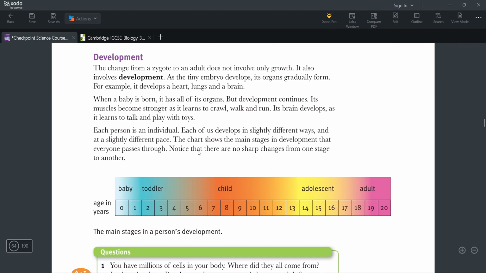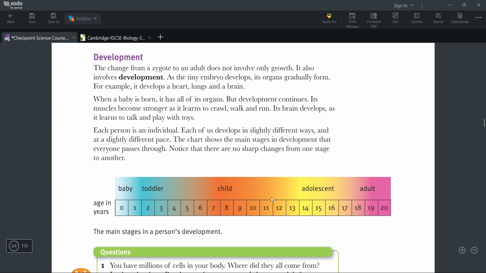Each person is an individual, and each of us develops in slightly different ways and at slightly different paces. The chart below shows the main stages in development that everyone passes through. Notice that there are no sharp changes from one stage to another. It's a spectrum. So a normal baby would develop into a toddler at about 1 year old, and then a small child would develop from a toddler at about 3 to 4 years old.